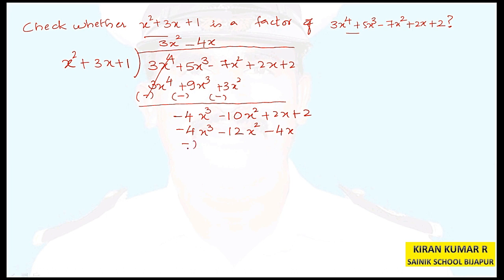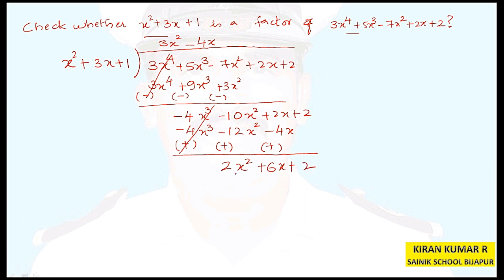Once again change the sign. This minus 4x cube will cancel. Negative 10 and positive 12 on addition, we get positive 2x square, positive 6x and plus 2.